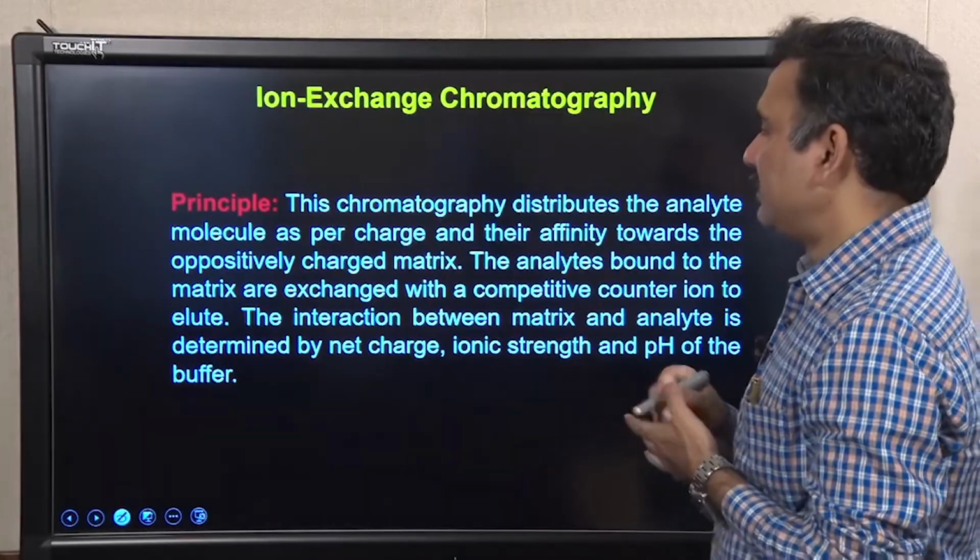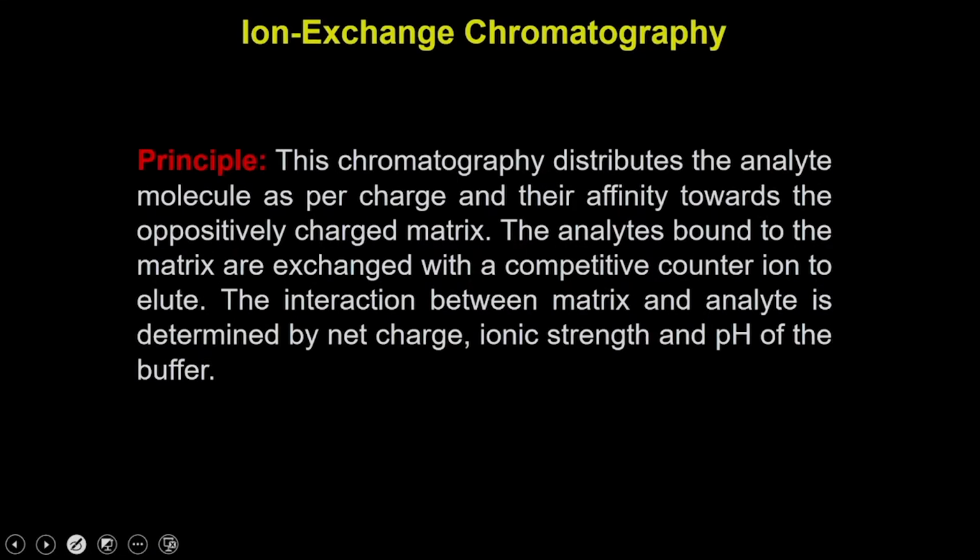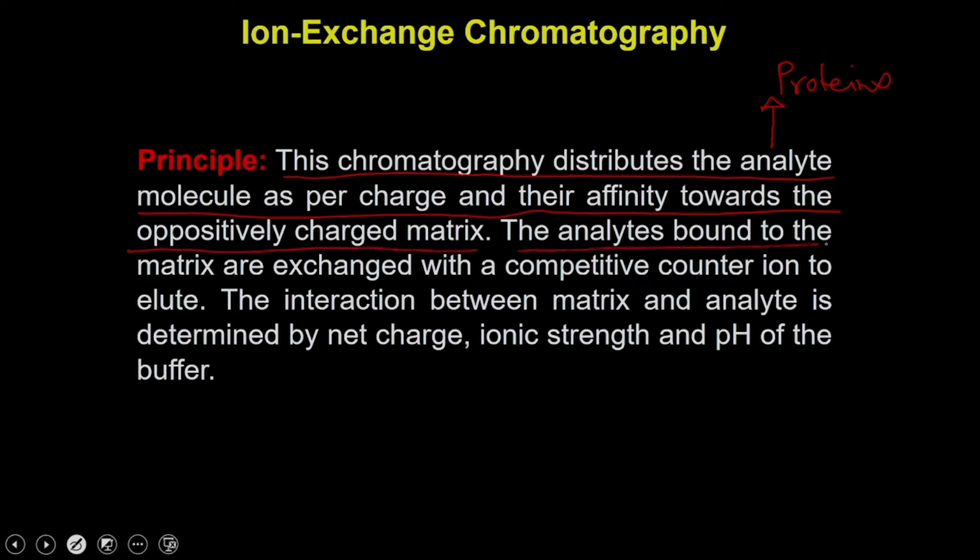What is the basic principle of ion exchange chromatography? This chromatography distributes the analytes, which means the proteins, as per their charge and their affinity towards the oppositely charged matrix. The analytes bound to the matrix are exchanged with a competitive counter ion to elute.